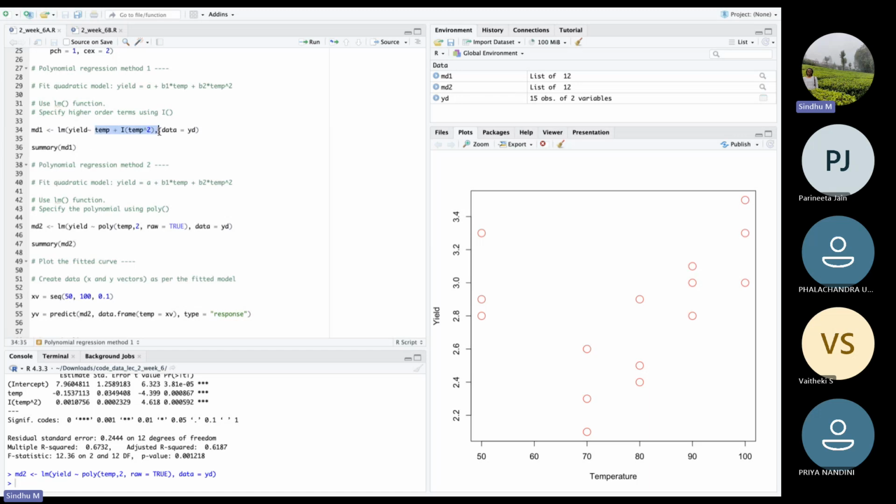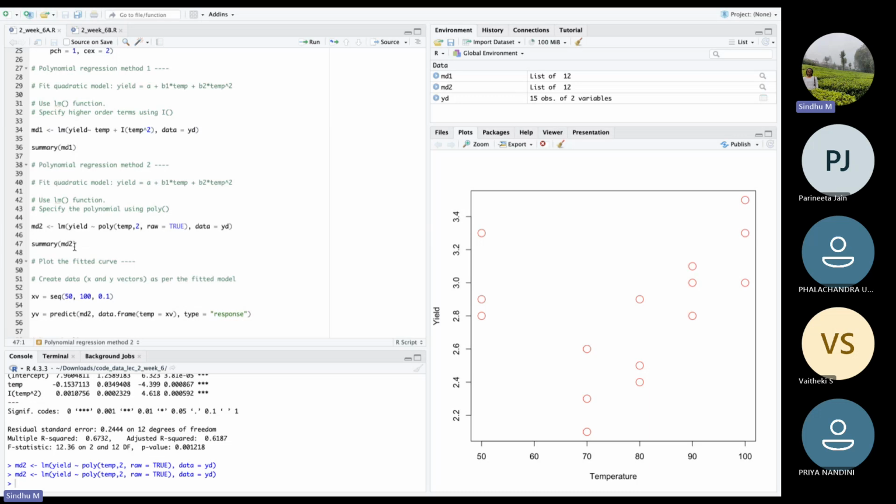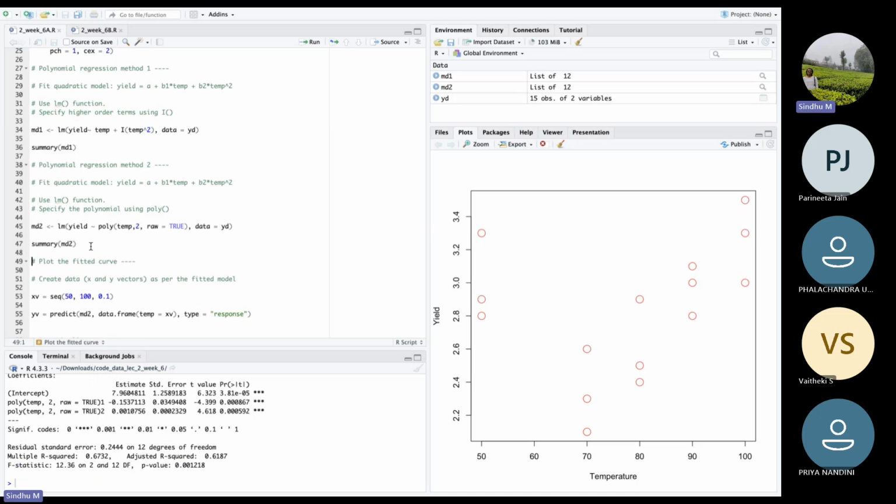One is you can specify each of the terms, including the higher order terms using I. And the second method is you can use the poly function and just write what is the highest order term, which, since we are fitting a quadratic equation, is 2. So, summary, right?